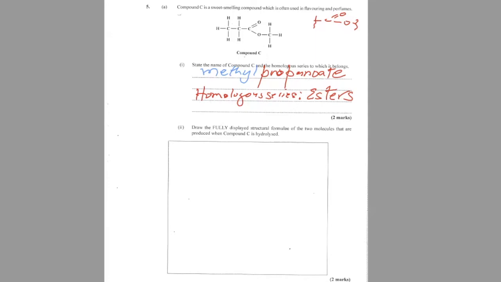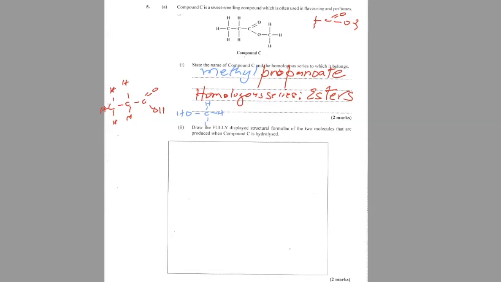So we're going to draw propanoic acid. Propanoic acid is CH3CH2COOH. Let's put on the hydrogens. So that's propanoic acid, in red. And we're going to draw methanol beside it, in blue. We'll put the OH part of methanol at the front, and we'll have the other part of the molecule, CH3OH.